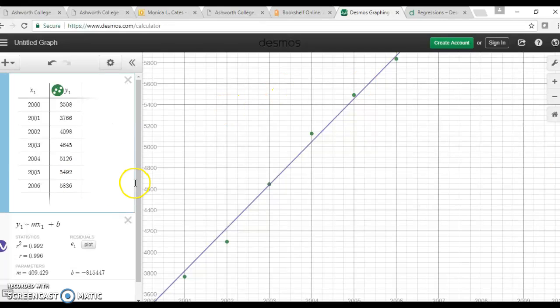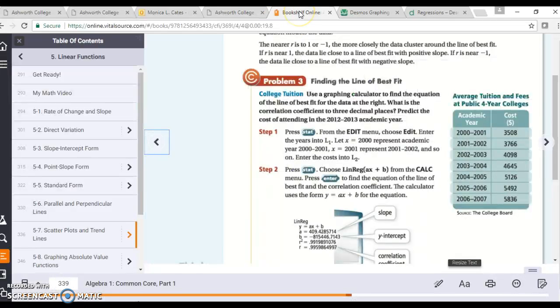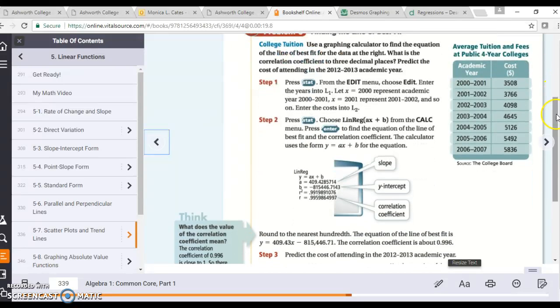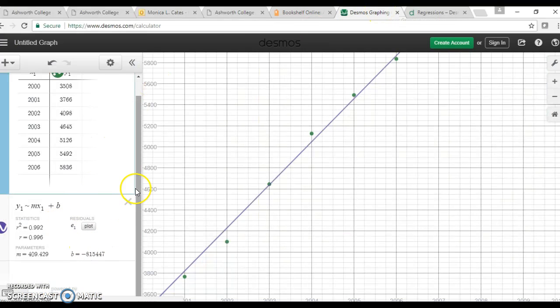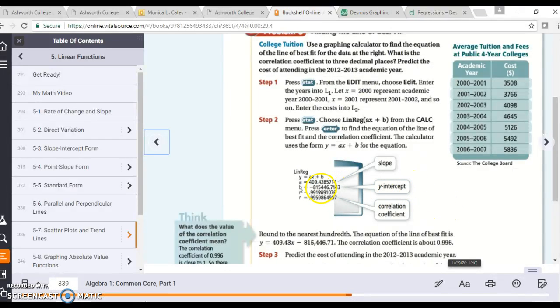All right, so I've done everything that they've done, just following their example again. So that was step 2, and as you can see, let's see if we get the same slope. So slope is 409.429, and that's what they got, 409.